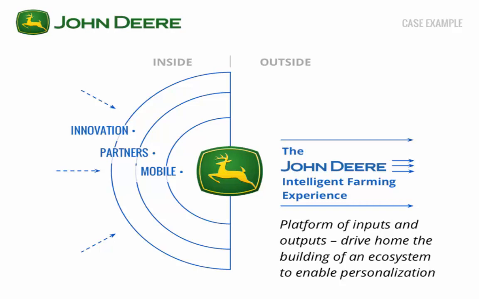And the farmer has to have control over the data, of who gets to have what and when and why. Very, very interesting case of a company that started off with just mechanical machine technology moving into this digital space. So any company can do it across any industry.